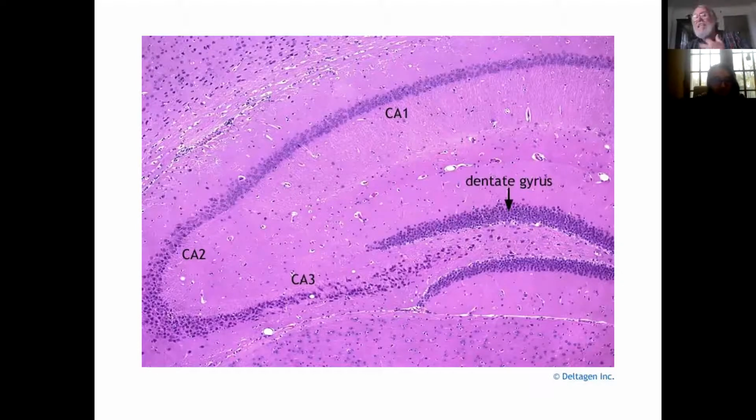What did he say? These are cornu, C-O-R-N-U, which means horn, ammonis: cornu ammonis region 1, cornu ammonis region 2, cornu ammonis region 3, and then the dentate nucleus. So that's where those terms come from.